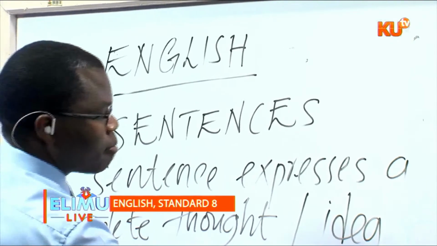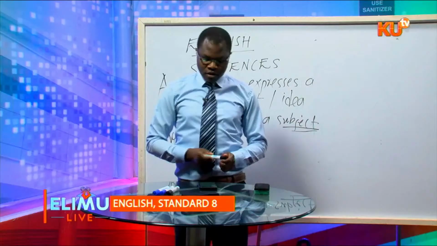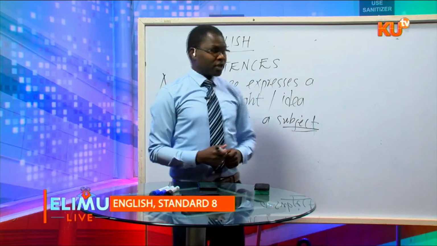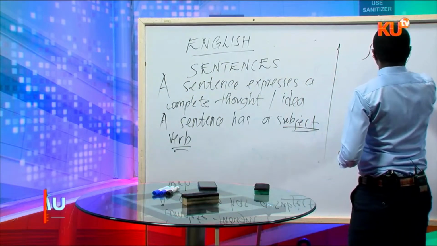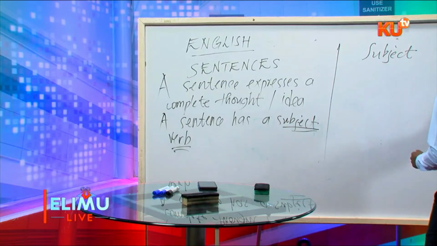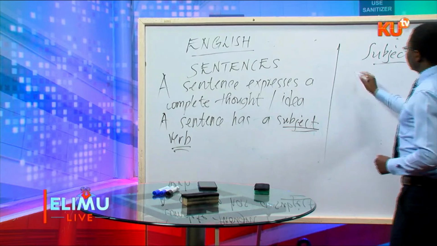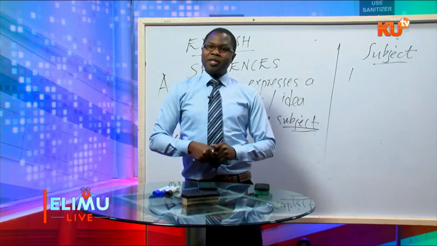So these are the two components of a sentence to make it a complete thought. For example, you will have the subject, then the verb on this other end. I'm just using the very simple sentences here to bring the idea home.